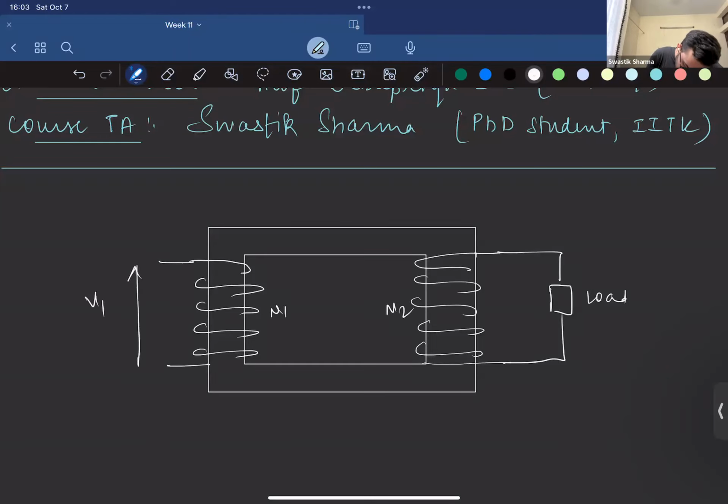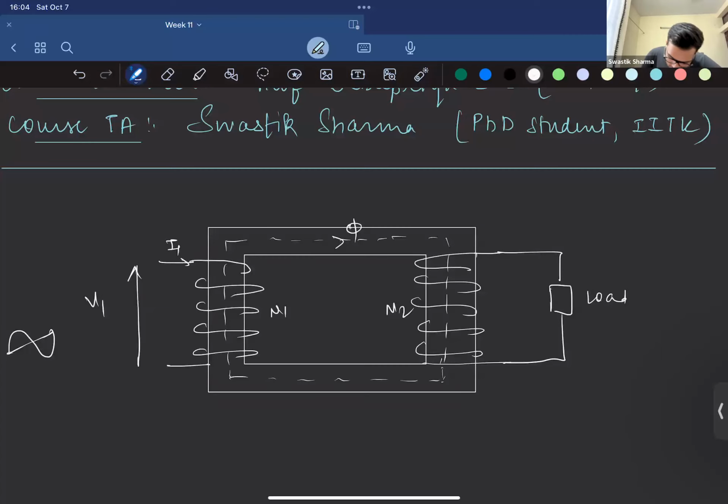We are supplying a voltage V1, which is an AC supply. When we give it an AC supply, there is a production of flux in both the coils due to mutual induction. This flux links both coils, with the assumption that the ferromagnetic core has infinite permeability, so the flux stays confined to the core only and there's no leakage of flux.